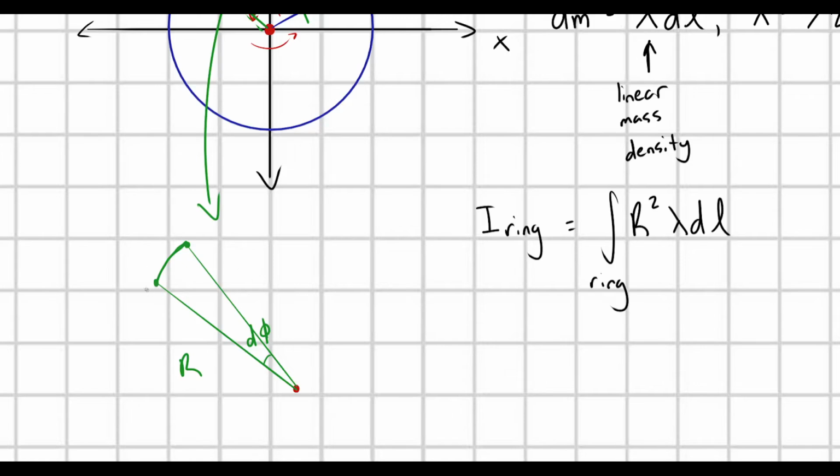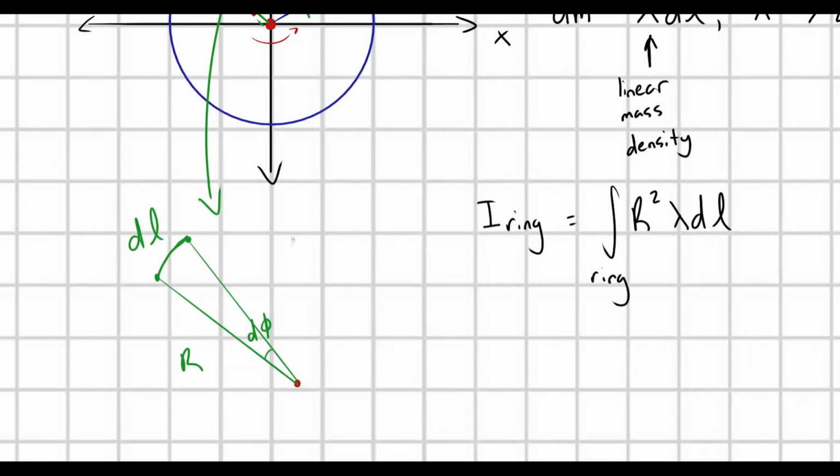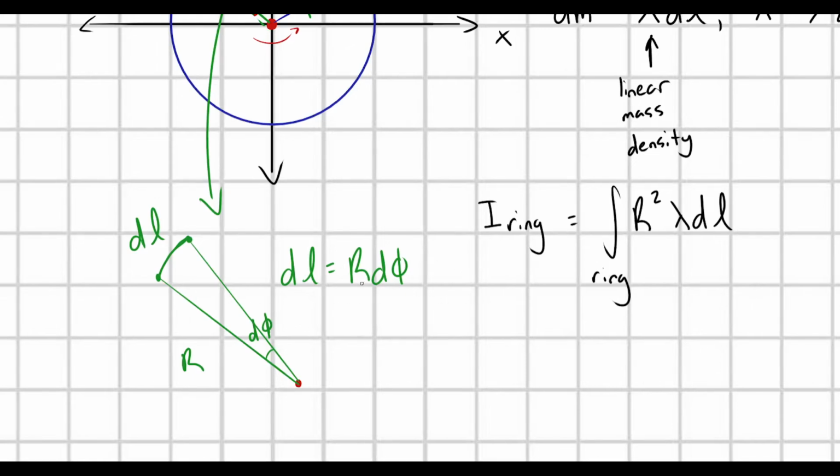And so if we have this little picture, what's that arc going to be, right? This guy here, this is dl. So dl is simply going to be equal to r d phi. We're just going to use an arc length formula. Beautiful. Okay, so we can just substitute that in for dl, and now we have an angle which we can actually integrate over.